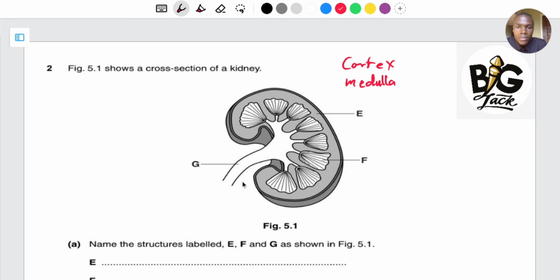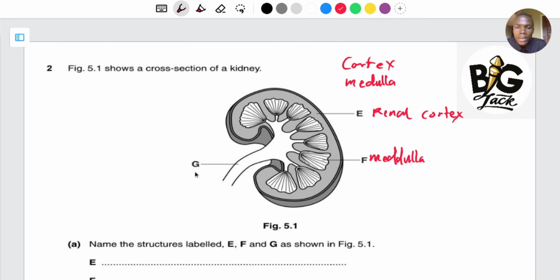In terms of the structures, we have this part here, which is in gray. It is called the renal cortex. Then this part here, the white part, and also these lines which are showing the nephrons, this part is called the medulla, or medullary.